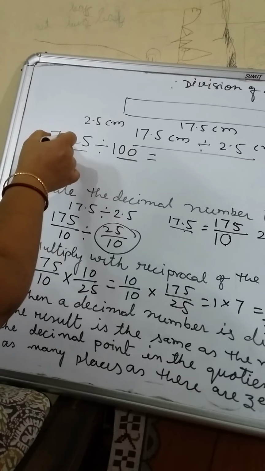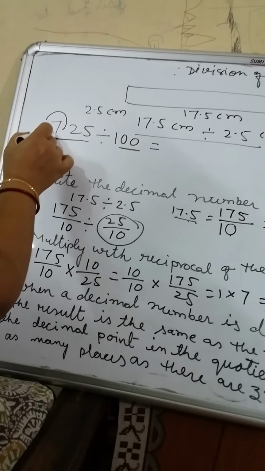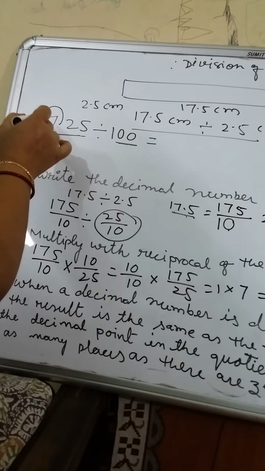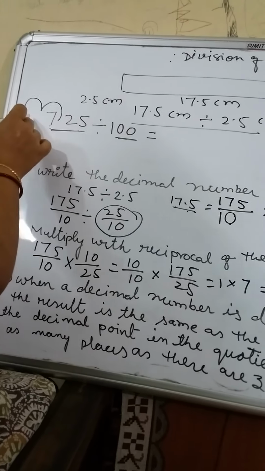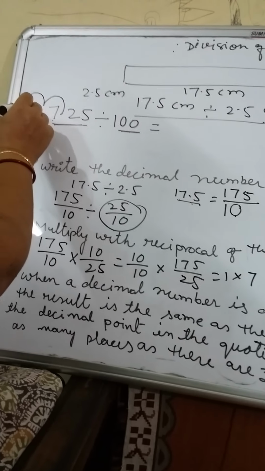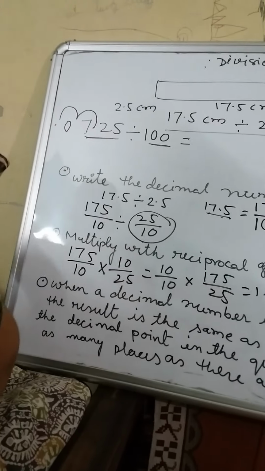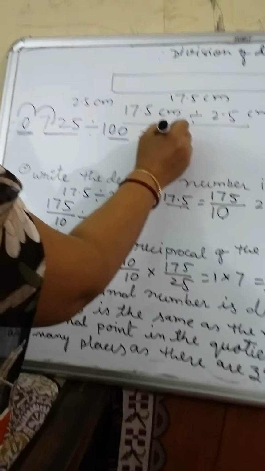So the decimal will shift 2 places to the left. Now this is 1 place, past the 7, and another place. What will be there in between? Your decimal will come here, so it will be 0.0725.